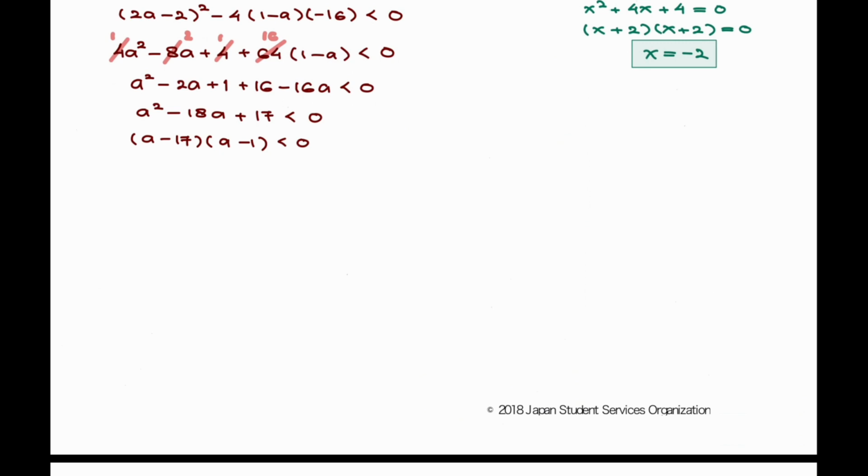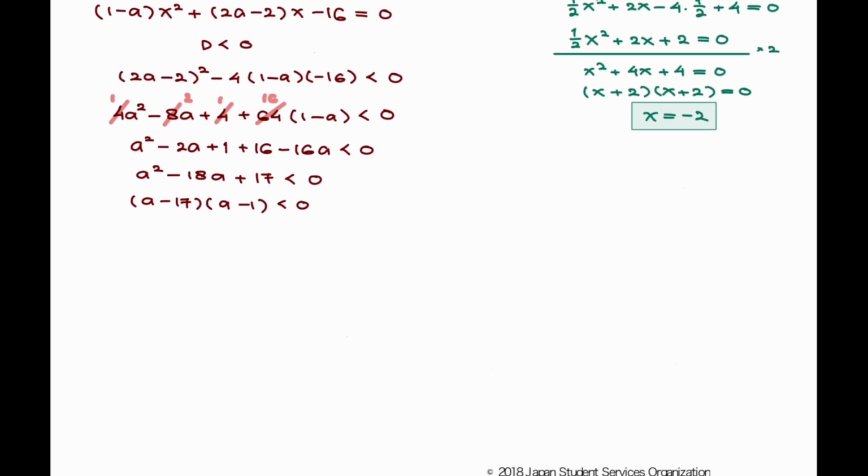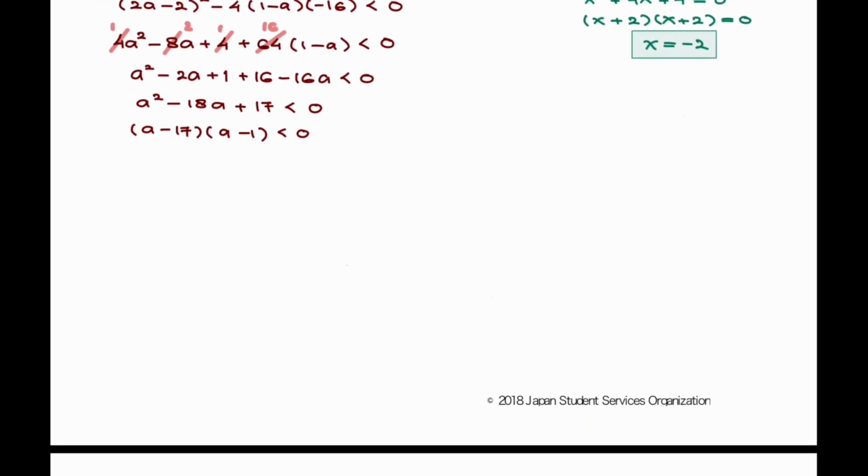Then I will get two critical values. The first one is a equals 17. The second one is a equals 1. Since we want to find the solution of the inequality, we need to draw a number line. Our first critical value is 1, and the next critical value is 17 here. Then you need to check the sign in each region.